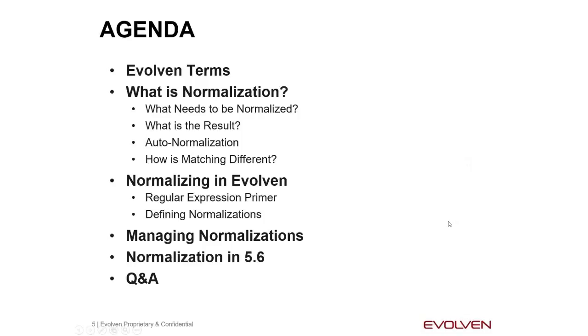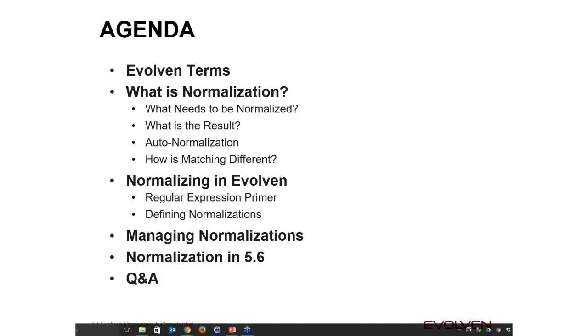And then we'll take a look at that actually in Evolven. I'll cover a little bit about regular expressions, so we'll give you a brief tutorial on regular expressions. And we'll also look at where you can define normalizations, so where you'll see those in the product. And then finally, we'll look at how to manage normalization.